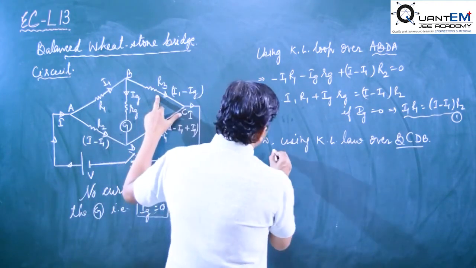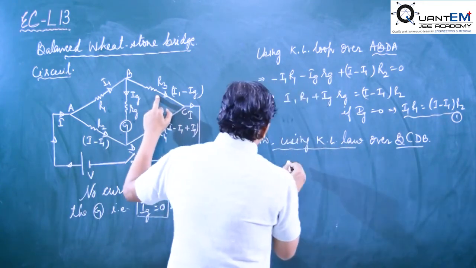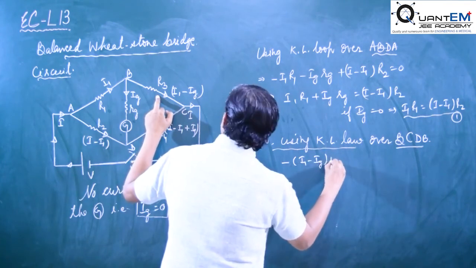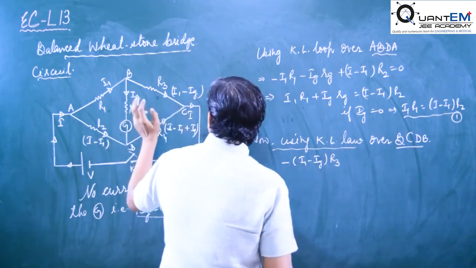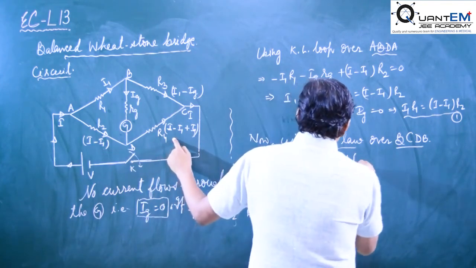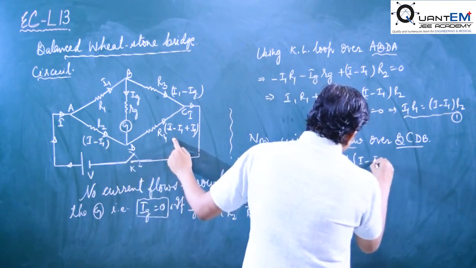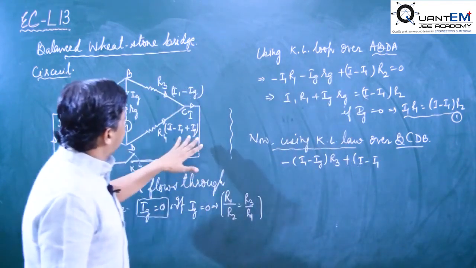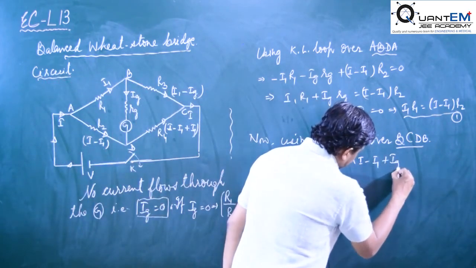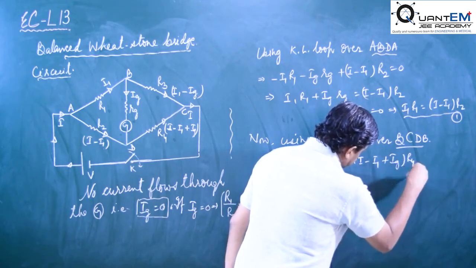So we have minus I1 minus Ig into R3. Then C to D, current and loop are in the opposite direction. So plus I minus I1 plus Ig into R4.